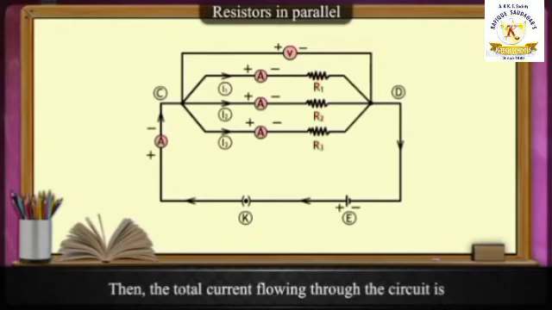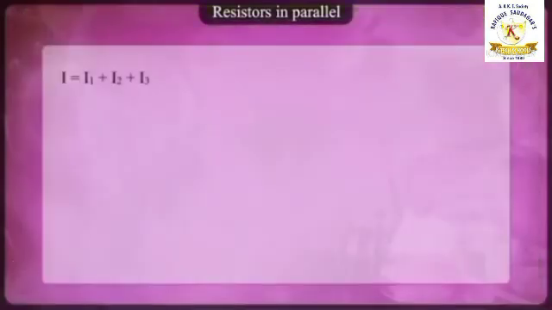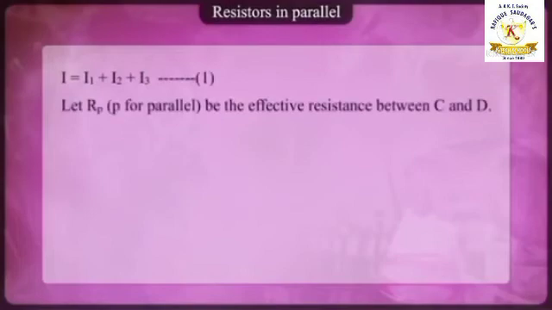Then the total current flowing through the circuit is I is equal to I1 plus I2 plus I3, which is equation 1.